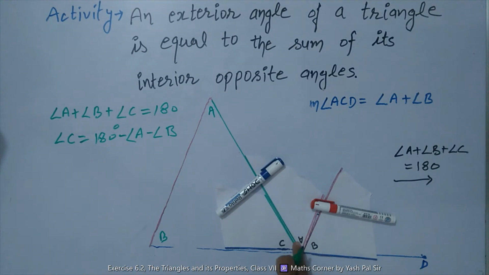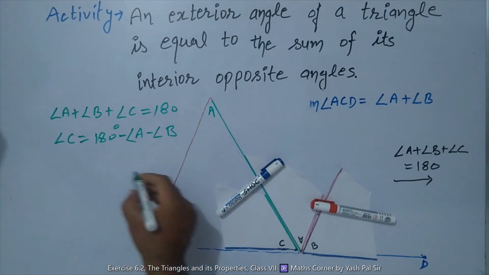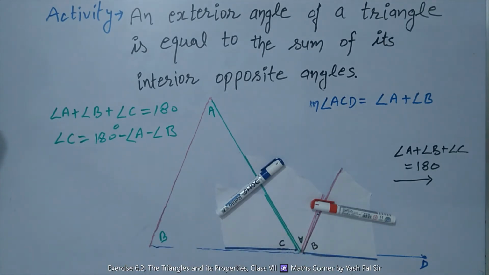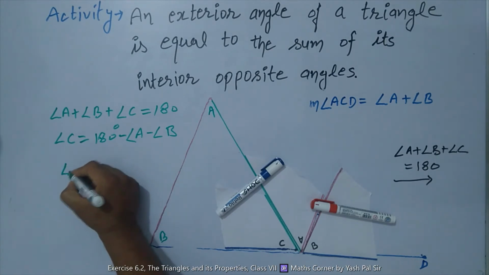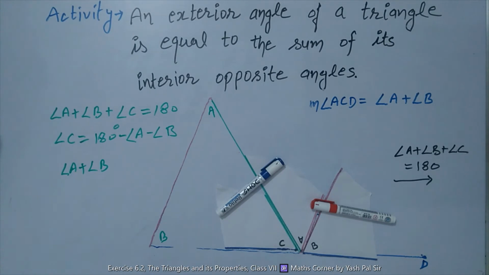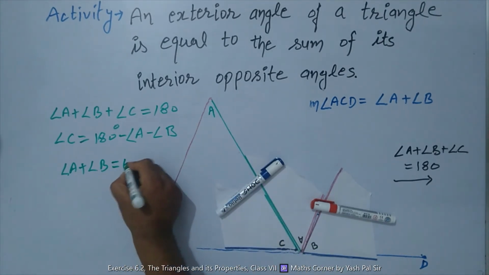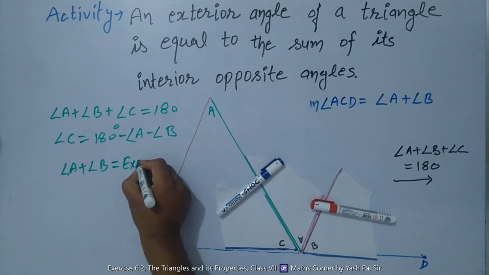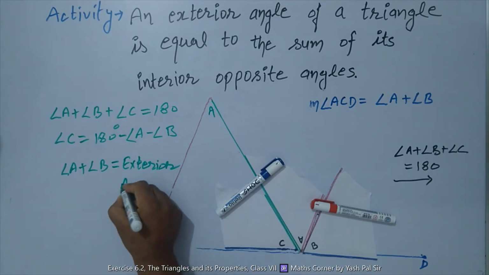So this way, what is the exterior angle? Exterior angle is A plus B. Angle A plus angle B. Okay, this is the exterior angle.